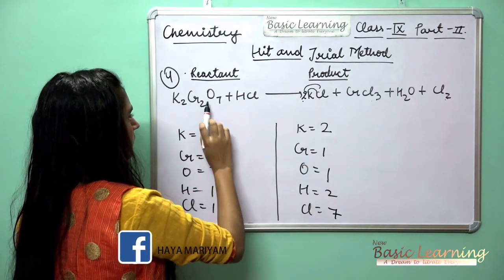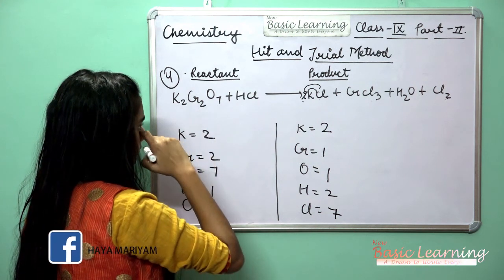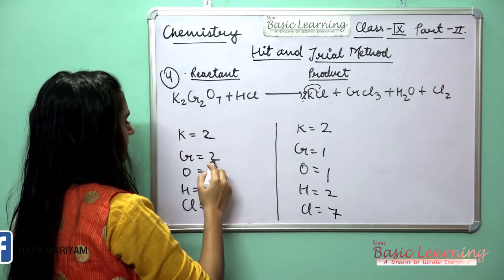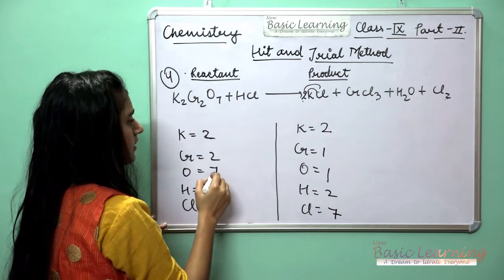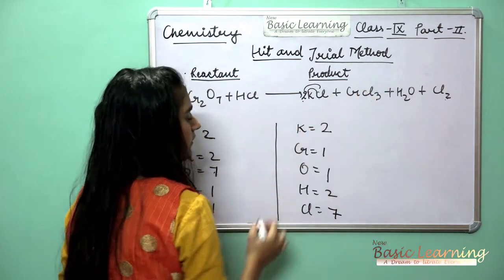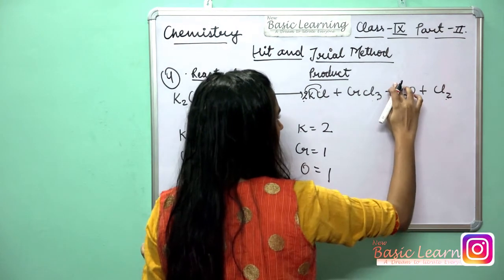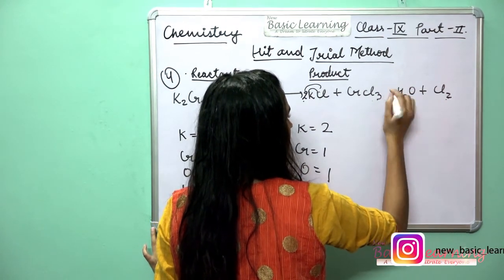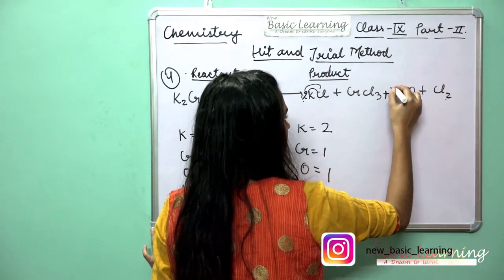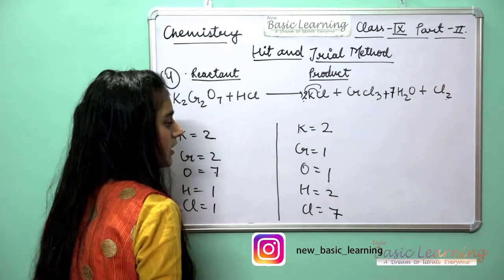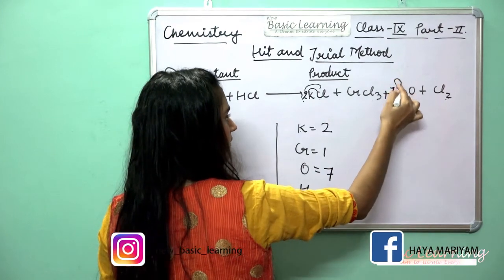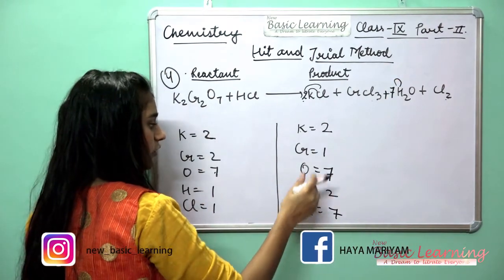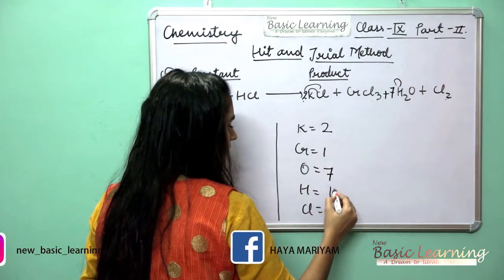Now for oxygen we have 7, and here we have only 1. So I will add 7 here. So it will become 7. At the same time for hydrogen also, hydrogen will become 14.